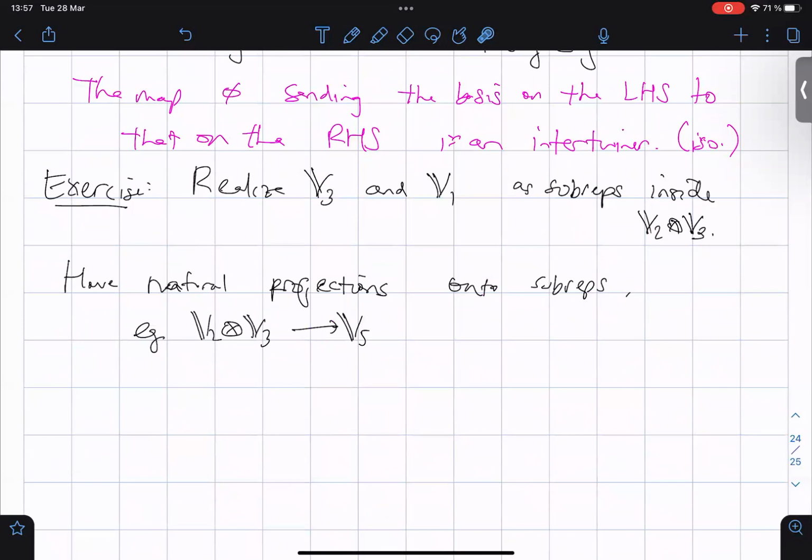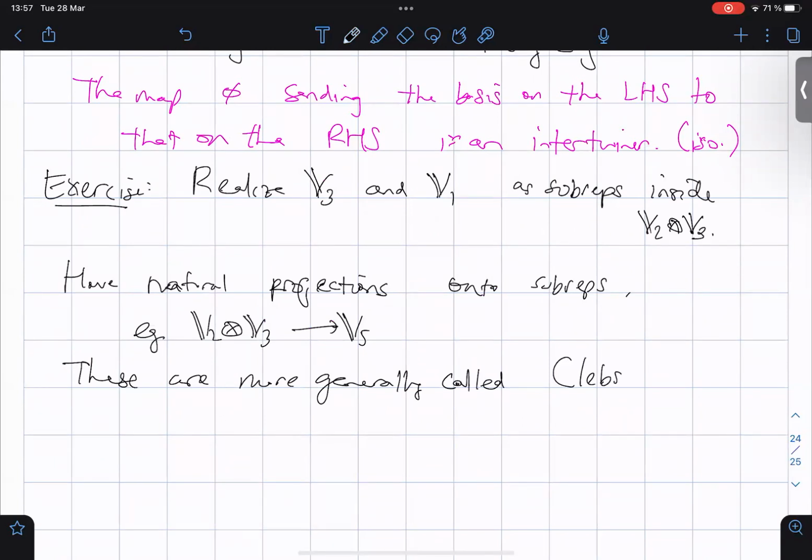So you have natural projections onto sub-representations. These are more generally called so-called Clebsch-Gordan pairings. I'll describe these in more detail later.